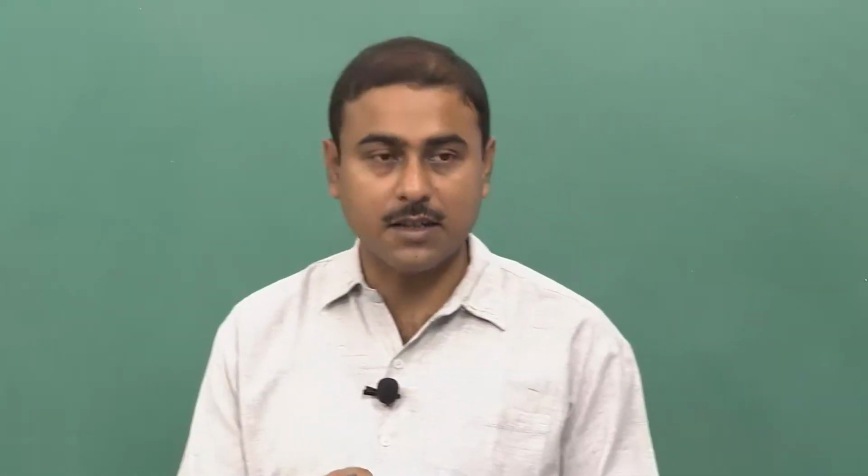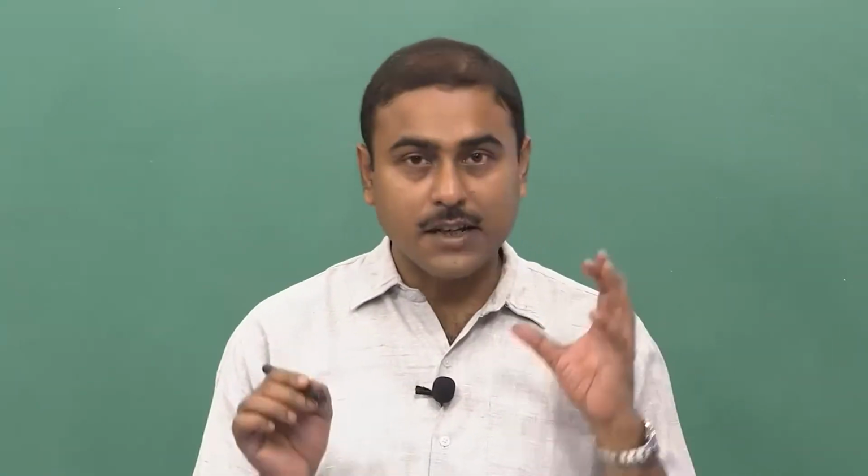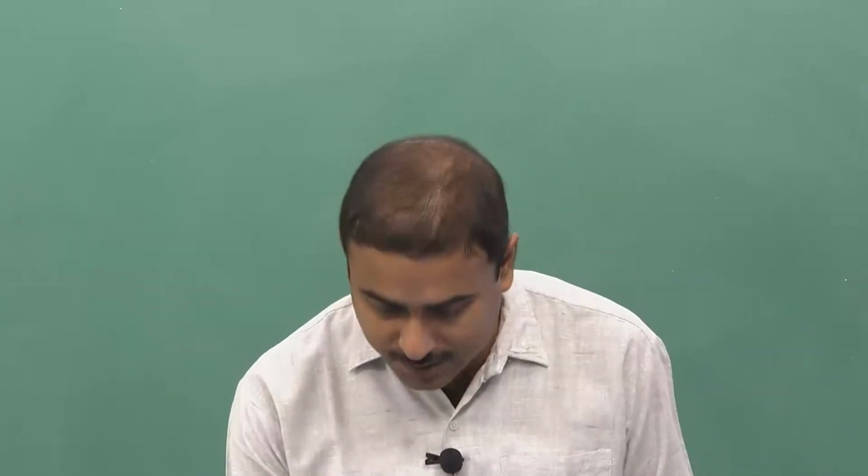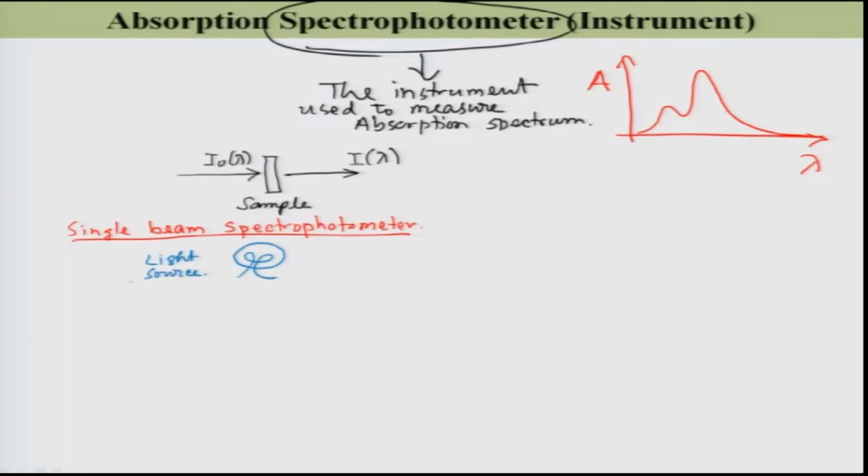If you want UV, then you need a special type of lamp, because the tungsten lamp does not emit UV light. Okay, forget about that. So, I need a light source able to generate a choice of wavelength.